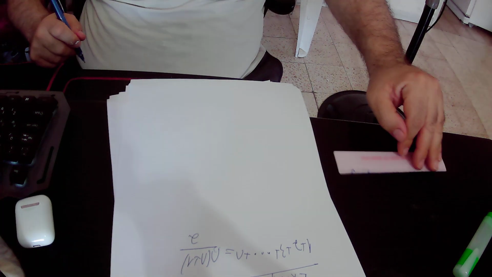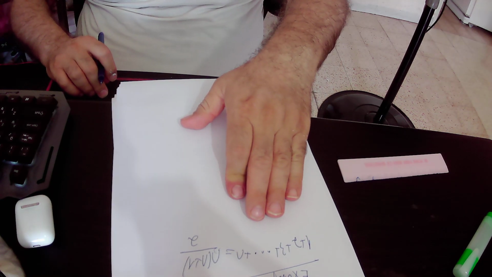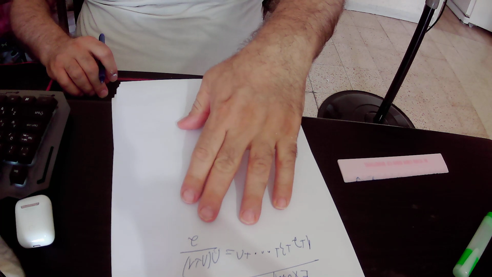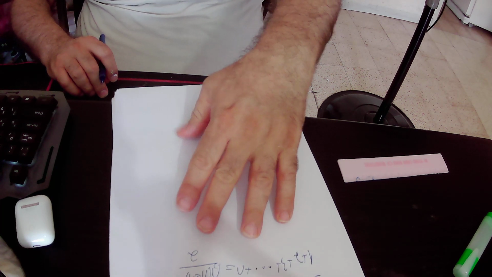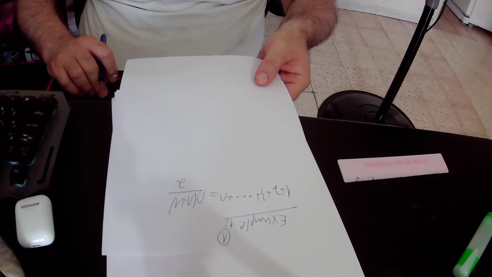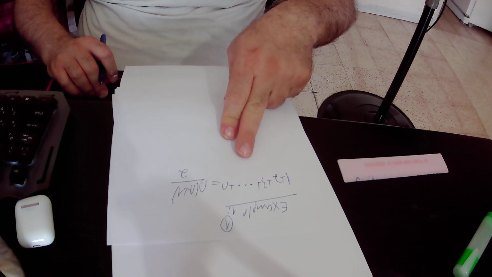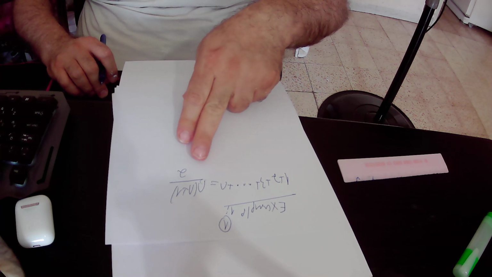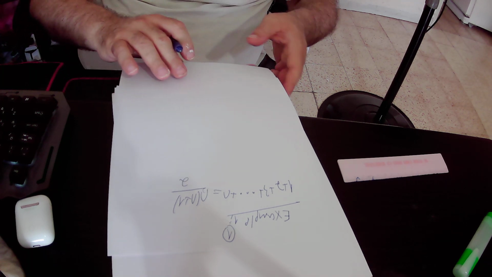So we must prove that this statement, 1 plus 2 plus 3 plus ... plus n equals n times n plus 1 divided by 2, is true for all the natural numbers.